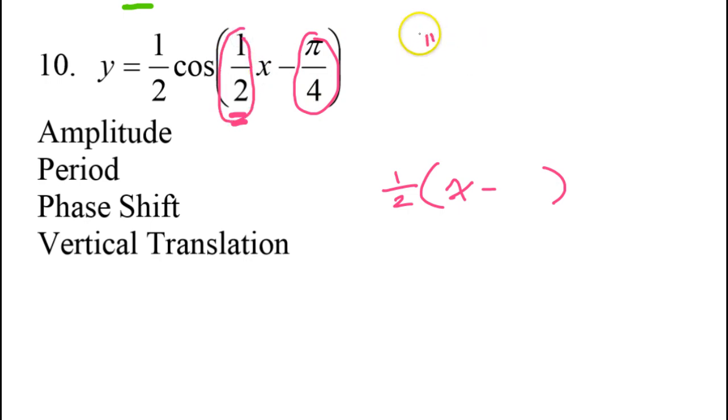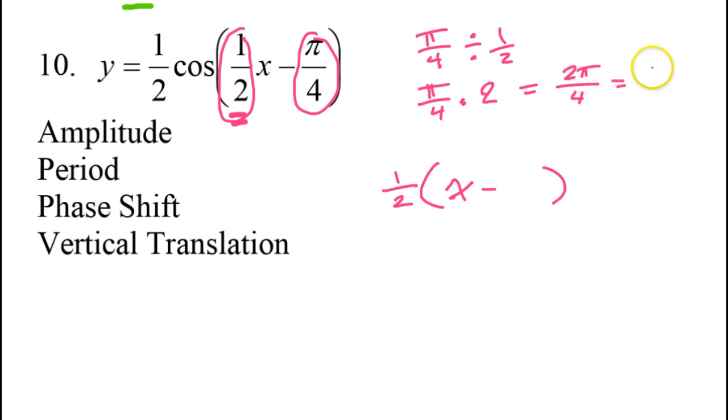So I'm doing pi over 4 divided by 1/2. When you divide by a fraction, you multiply by the reciprocal. So this is going to be pi over 4 times 2. So that would be 2 pi over 4, which reduces to pi over 2. So that is what goes right here.